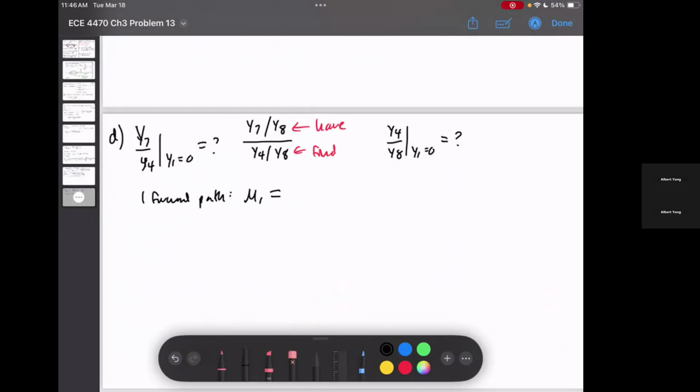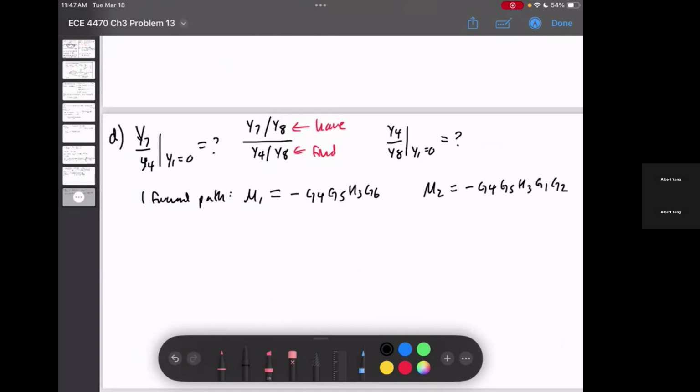So M1 is G4, G5, H3, G6. And then M2 is equal to G4, G5, H3, G1, G2.